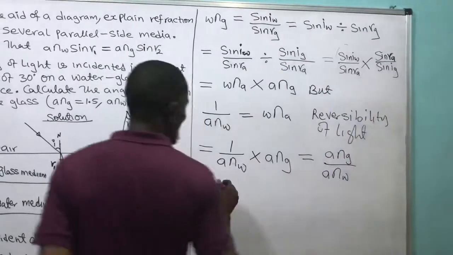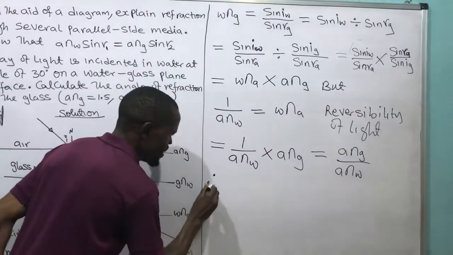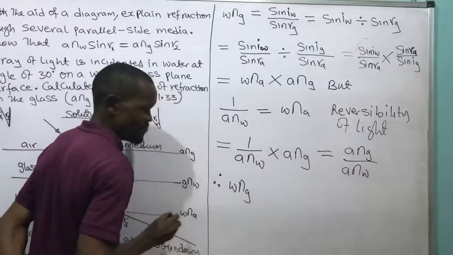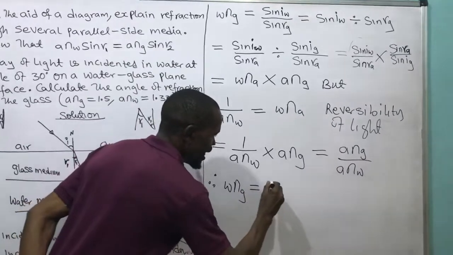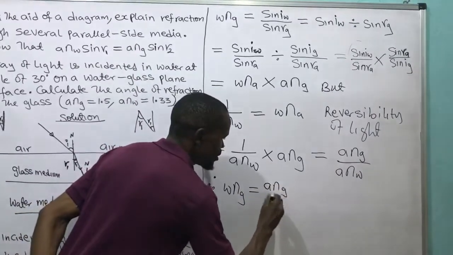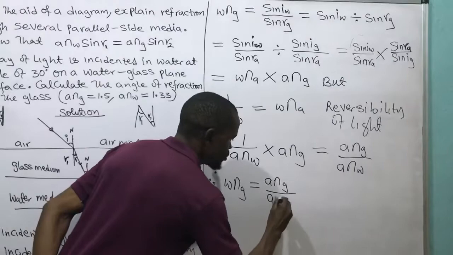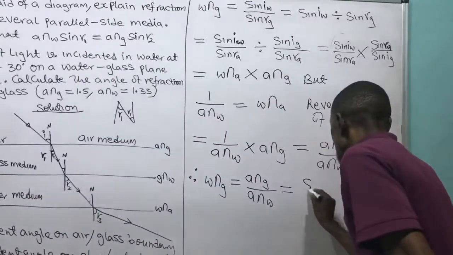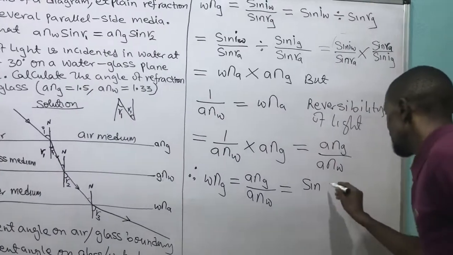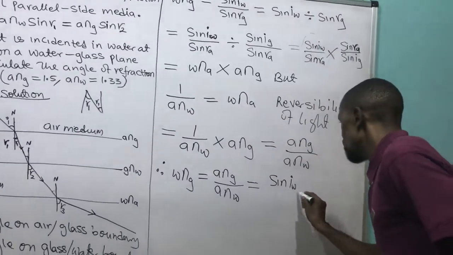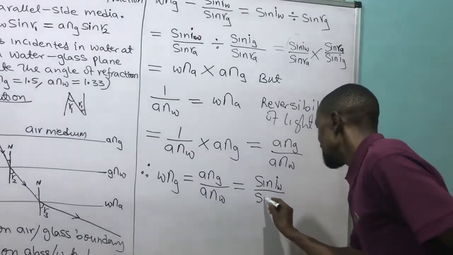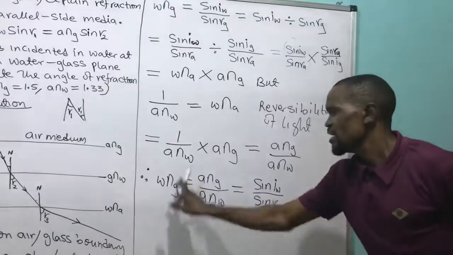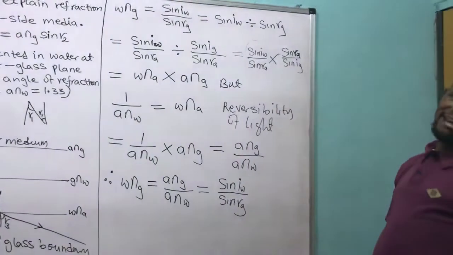This simply means that water to glass, which we are given, is equal to air to glass all over air to water, and is equal to sine of incidence in water all over sine of refraction in glass.